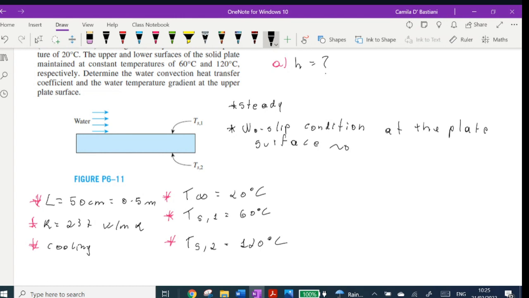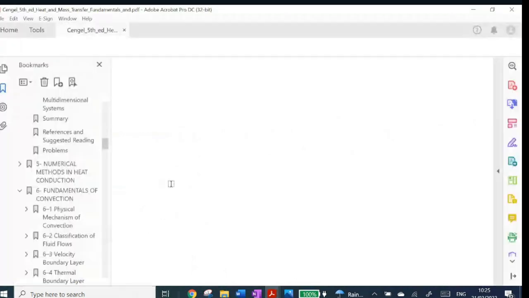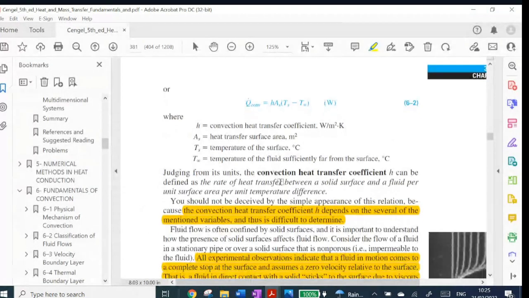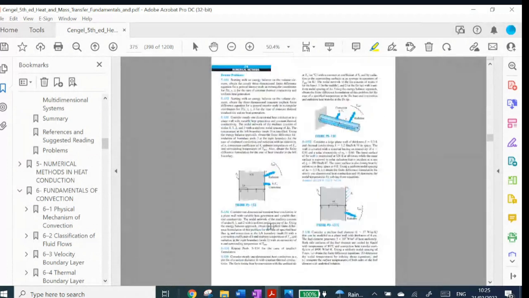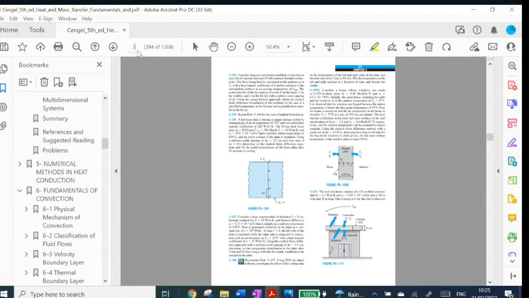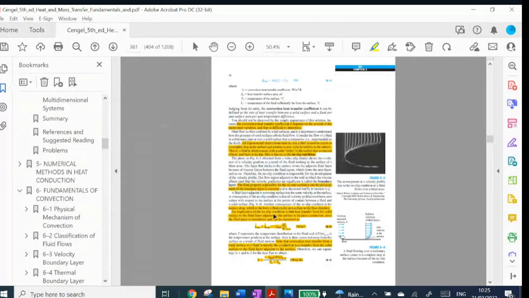I believe you already studied the no-slip condition, okay? If you don't remember, you can refer to page 381, I'm pretty sure. Let me just open my book here. Yes, 381, I even marked it in case you wanted to check it. There you have a good explanation of the no-slip condition and why we are going to apply the set of equations that we are going to apply.